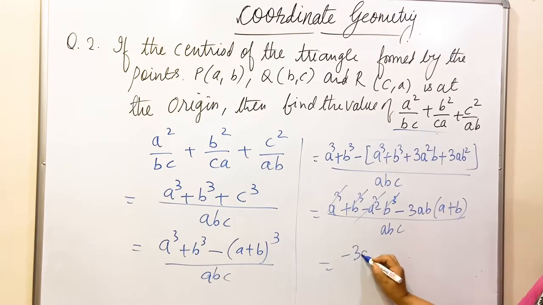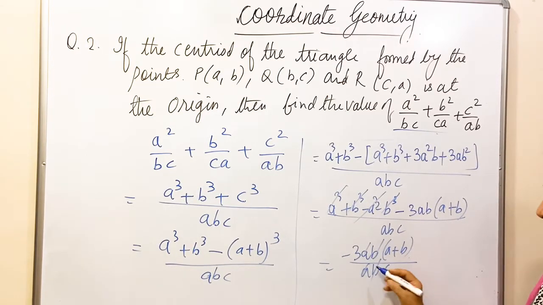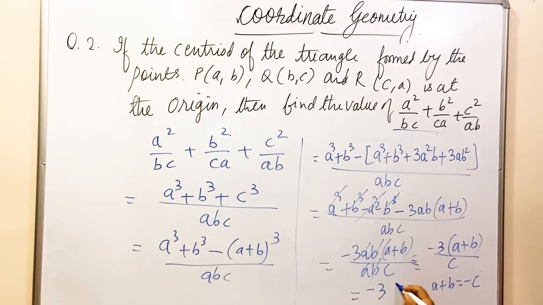So this cancels. So this is 3ab(a plus b) upon ABC. AB cancels. So it is minus 3(a plus b). Now we know that a plus b is minus c. So this is equal to minus 3(minus c) upon c. C cancels. So the answer is 3.